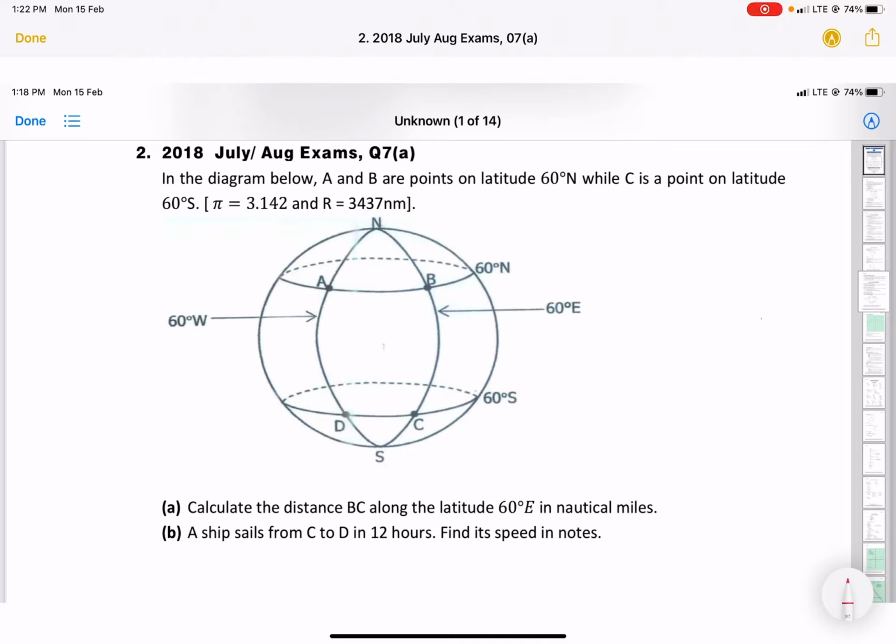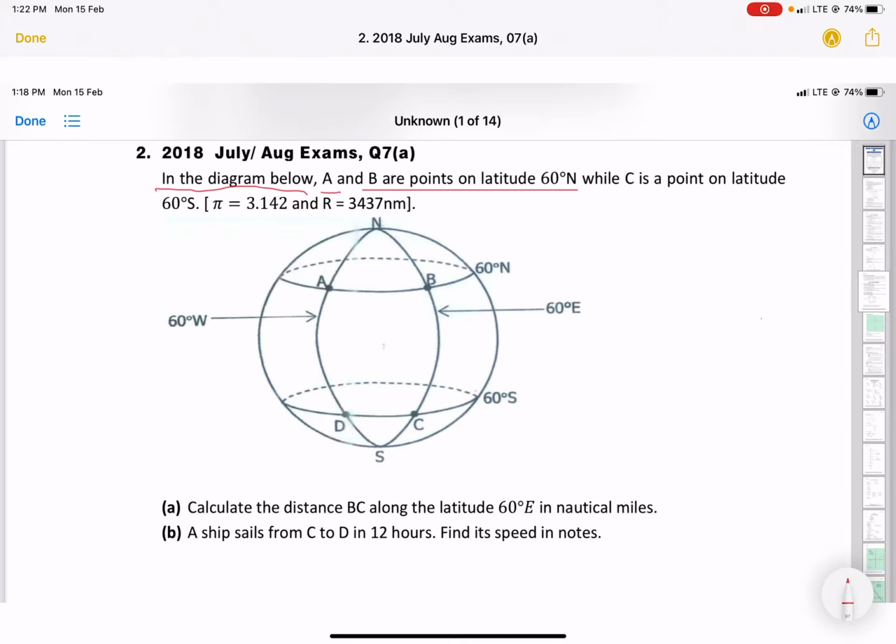In the diagram below, and this question came in the 2018 July-August GCE exams, A and B are points on latitude 60 degrees north.